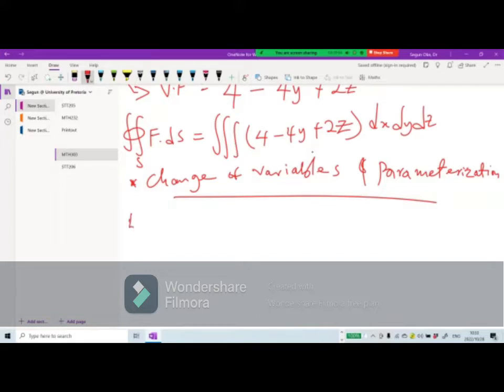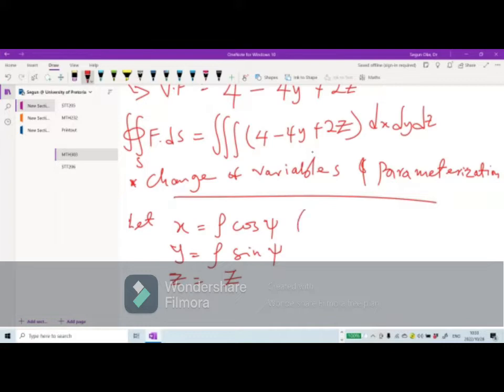coordinates. We say let x equals rho cos psi. Then our y will be rho sin psi. Then z will remain z.